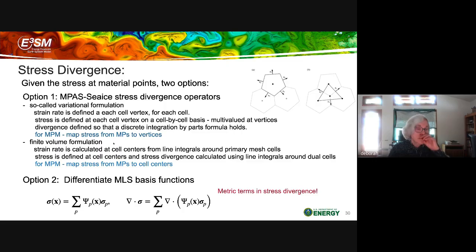Then there's sort of a finite volume, or what's called a weak formulation in the code, where the strain rate is calculated at cell centers, then the stress is evaluated at cell centers, and then stress divergence is calculated doing line integrals around dual cells at these vertices. And so in that case, we would take material point stresses and get a cell-centered value and then go through the MPAS solution.